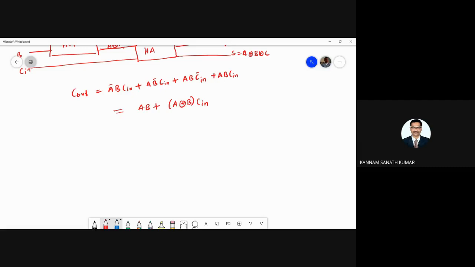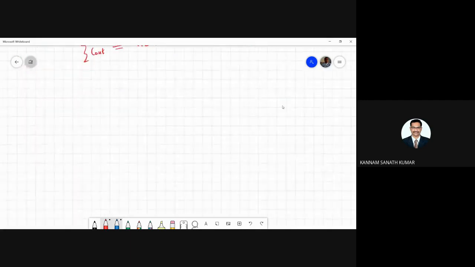I am using this expression to realize the full adder by using the two half adders.